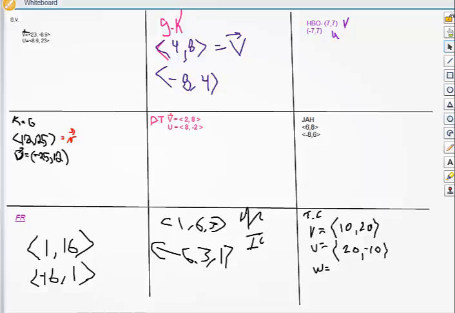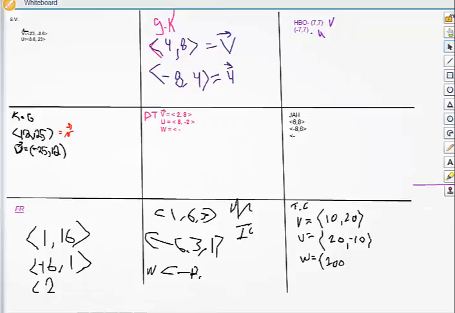Yeah, collinear means that it's just a multiple of it. So you multiply each of the components by the same number. And it doesn't matter what number. It could be positive, negative, fraction. It doesn't matter. But make it collinear to u.